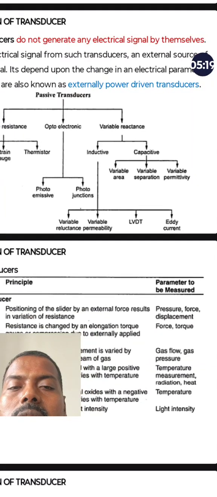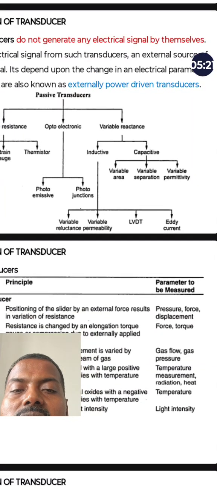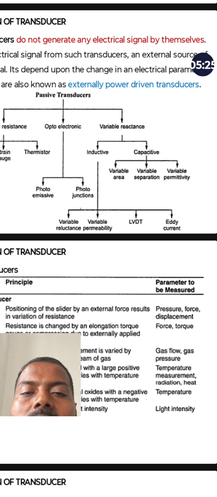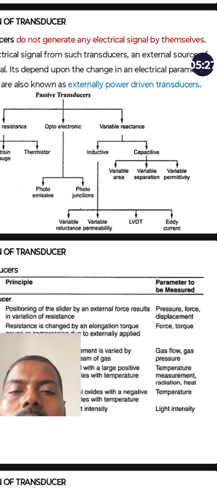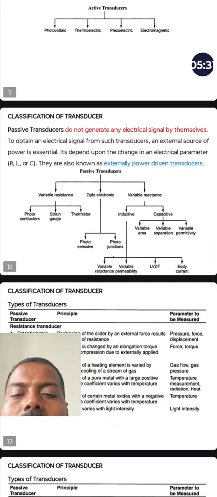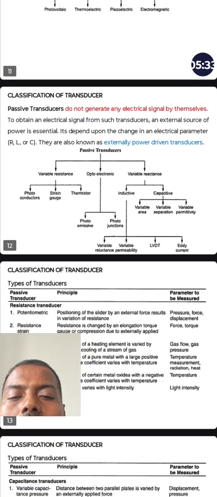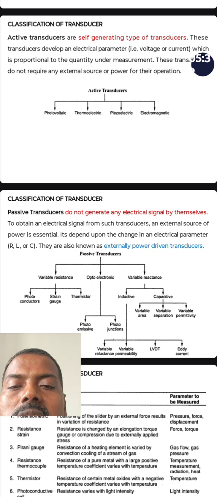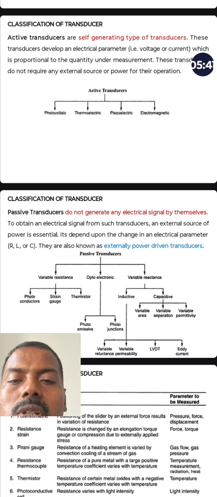Capacitive is classified into variable area, variable separation and variable permittivity. These are some of the classifications of the transducer. According to the principle and the parameter to be measured, we categorize them into various transducers. Thank you.